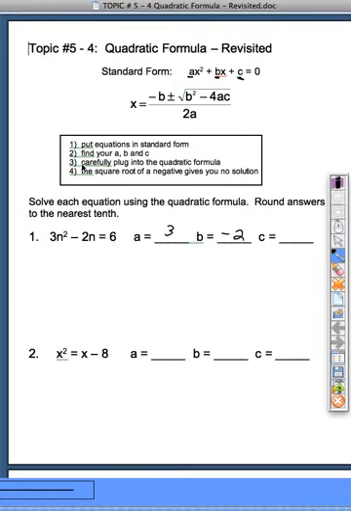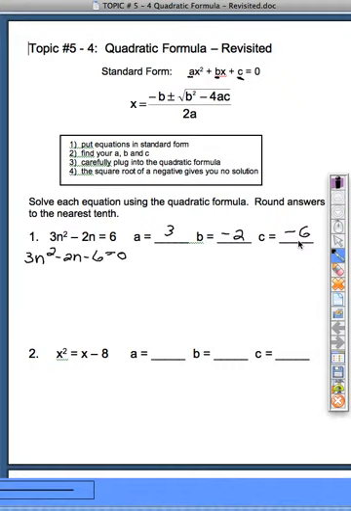I didn't do the first thing like I said. We need to do 3n squared minus 2n minus 6 equals 0. First step is put it in standard form, so that makes my c a -6. So you have to be careful. I almost made the mistake I just told you not to do.